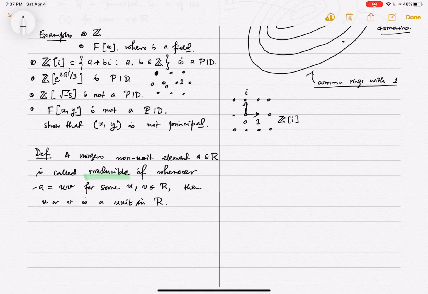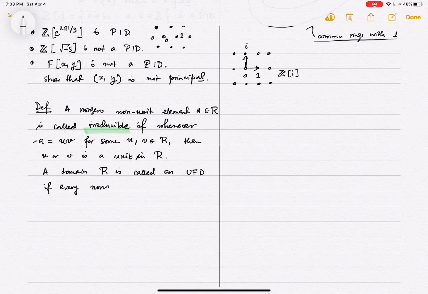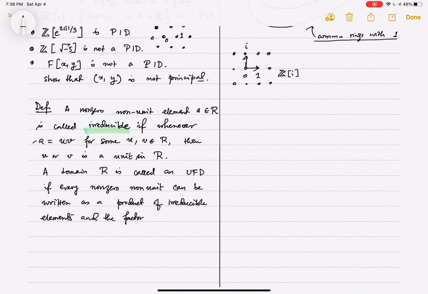And a domain R is called a UFD if every non-zero non-unit can be written as a product of irreducible elements, and this factorization is unique up to reordering of terms and up to units.